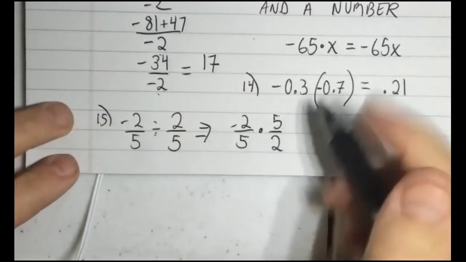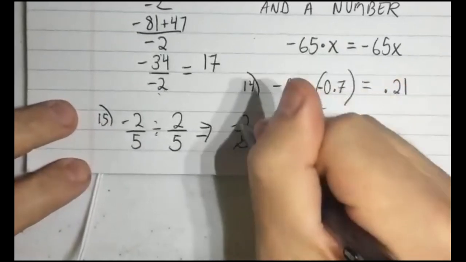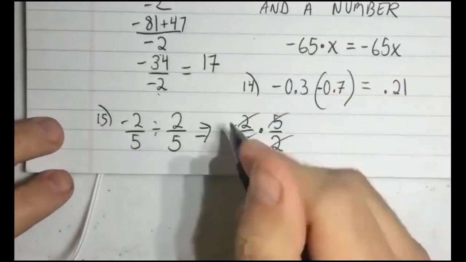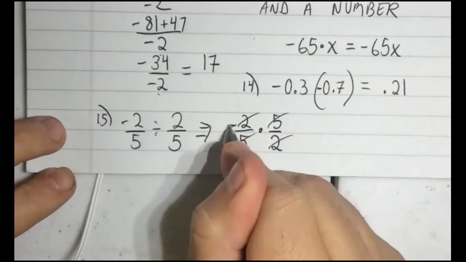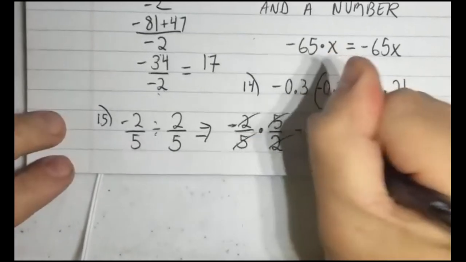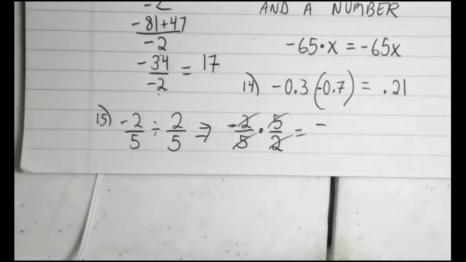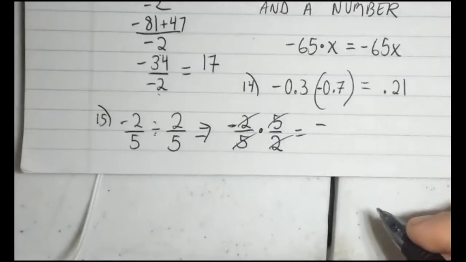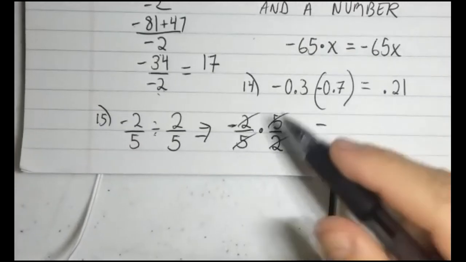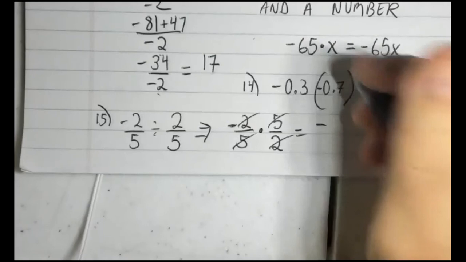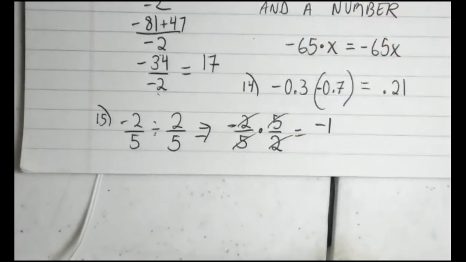And what you're going to see here is the 5s would cancel out and the 2s would cancel out. And all you're left with is this little negative sign here. So we don't enter our answer as just a negative. Again, we have a negative times a positive. We need a value. And anytime everything cancels out, that's when you put a 1 there. So the answer to that one is just going to be negative 1.